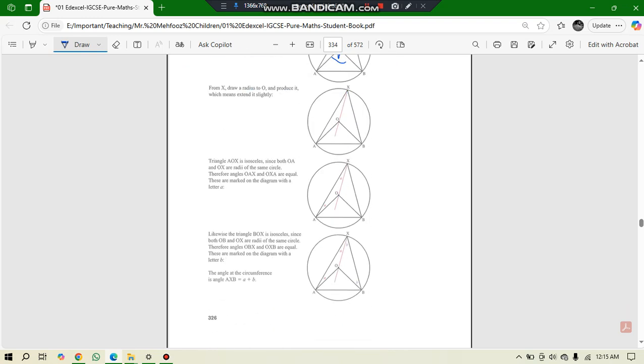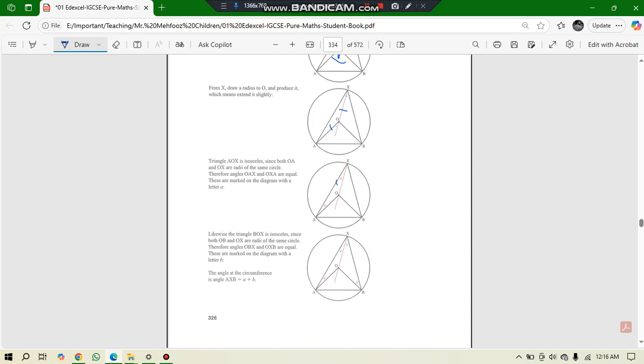Okay, after that the triangle AOX is an isosceles triangle. How? AOX is an isosceles triangle because this side and this side are radii, so these two sides are the same, right? OA and OX are radii of the same circle, therefore angles OAX and OXA are equal. These are marked on the diagram with the letter A, right?